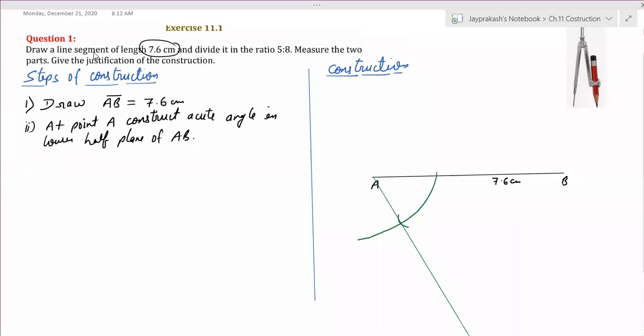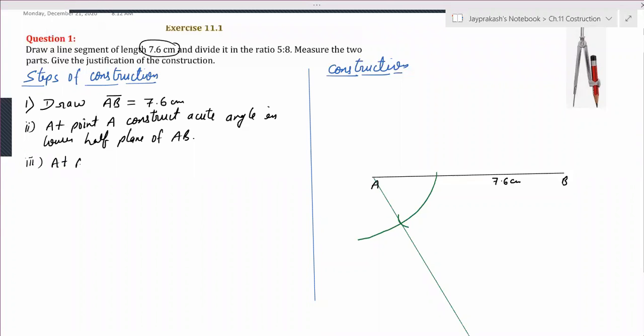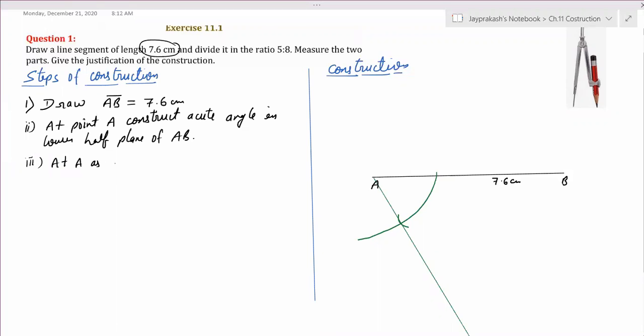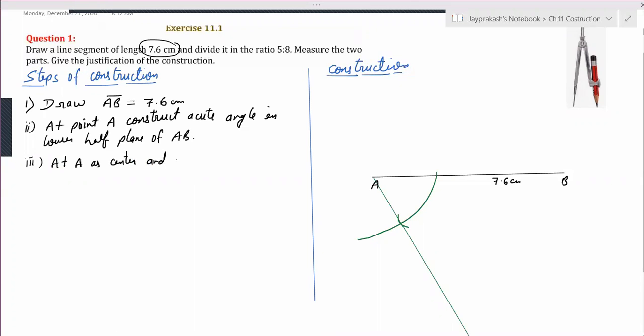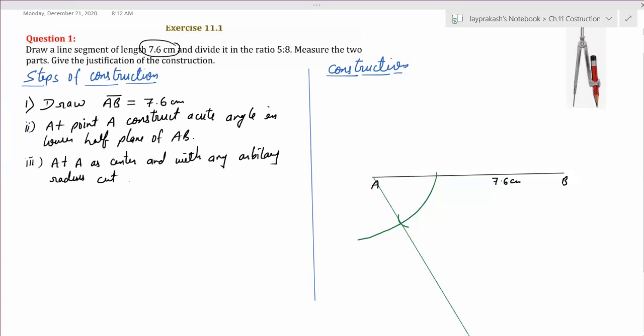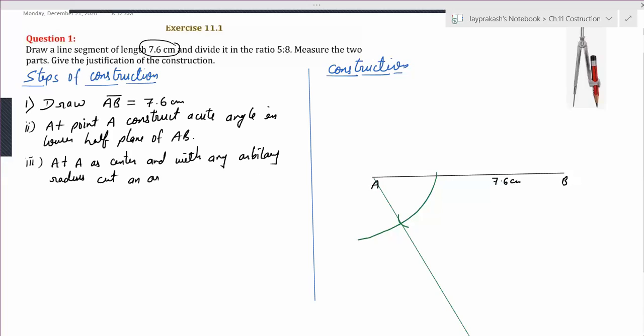Point number three, take A as center and with any arbitrary radius cut an arc.